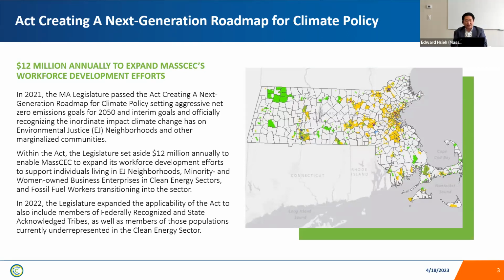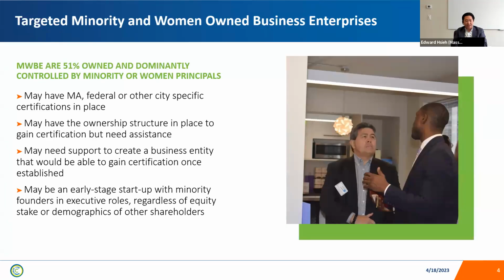If you go to the next slide, please. One of the targeted organizations are the minority and women-owned business enterprises, as mentioned. By the legislation and the RFPs, that's defined as a business that is at least 51% owned and controlled by minorities or women principals. That could be either on the board or actually within their executive team.